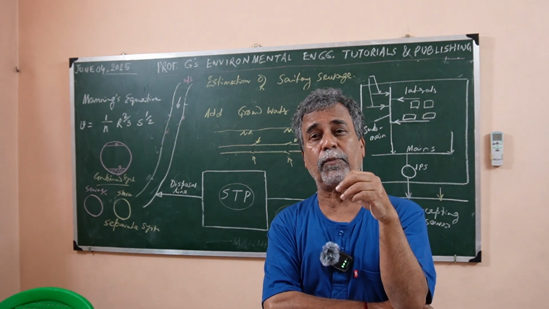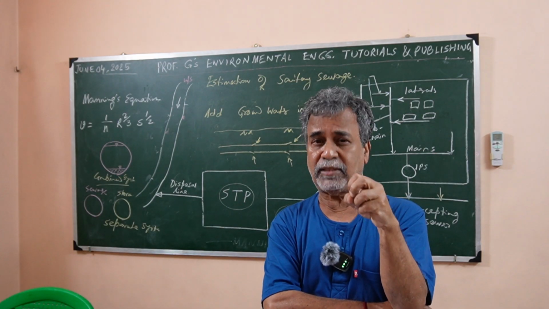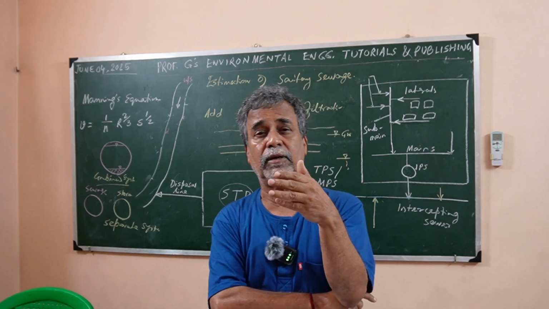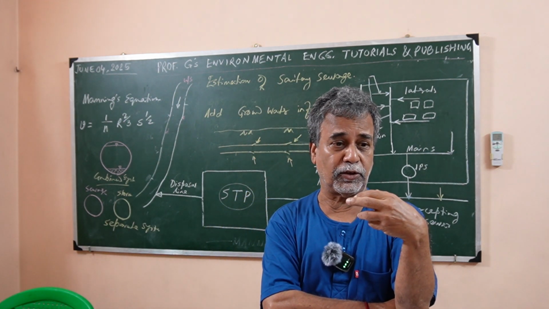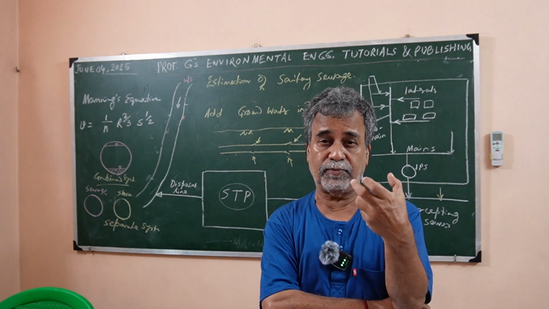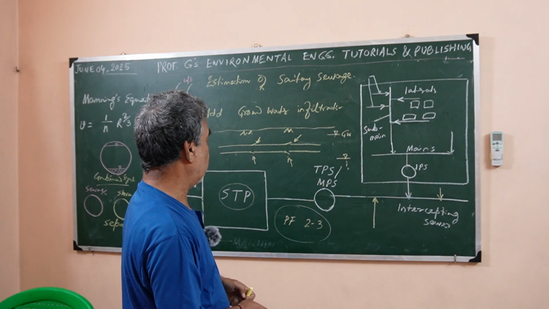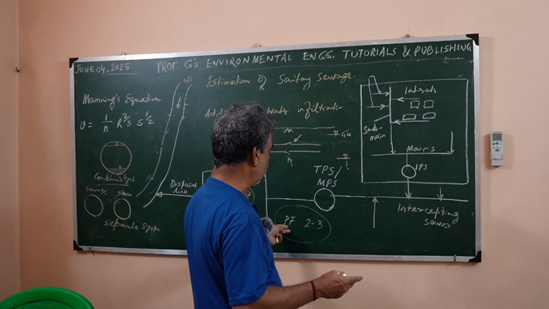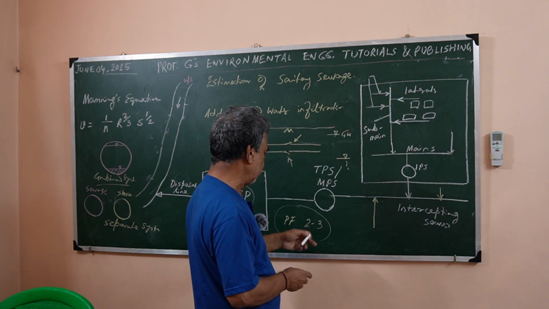When the population is very high, the peak factor will be less, because the peak discharge getting simultaneously from the entire range of population would be lesser. That is why it is taken like that. And why the peak factor comes, I have already discussed.